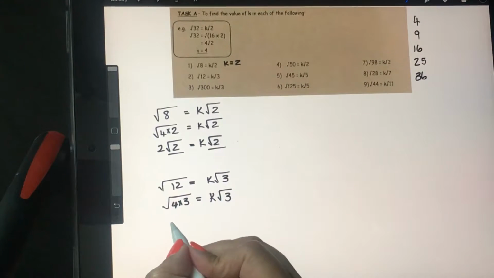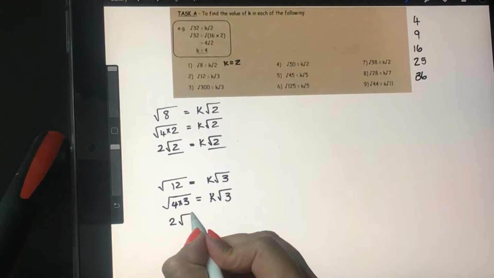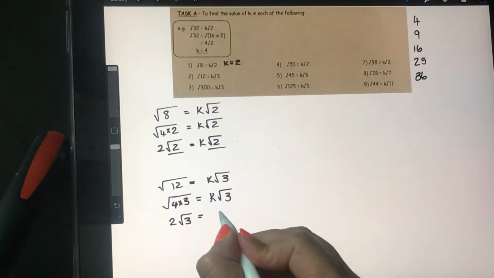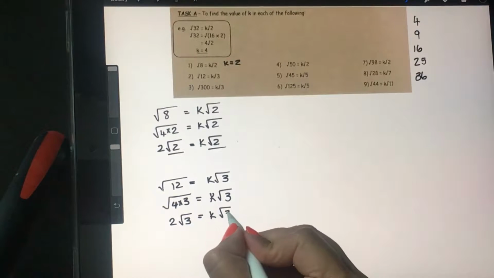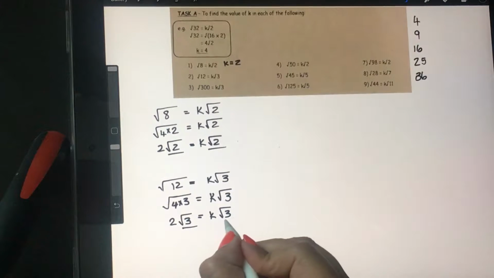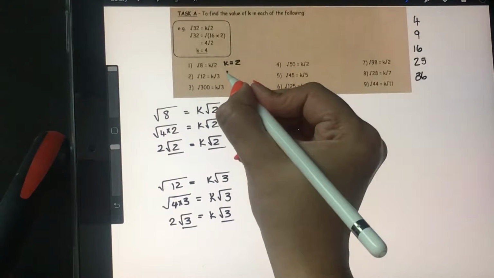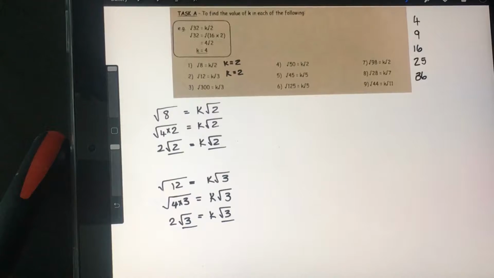Then we take the square root of 4, which is 2. The surd stays the same. The 3 stays inside the surd. And we are left with 2 root 3. That surd and that surd is exactly the same. So k is equal to 2.